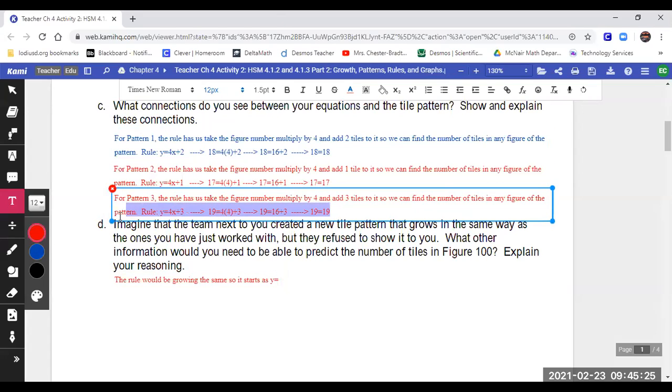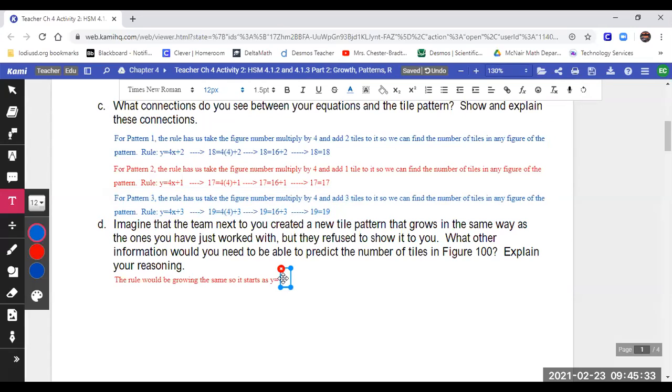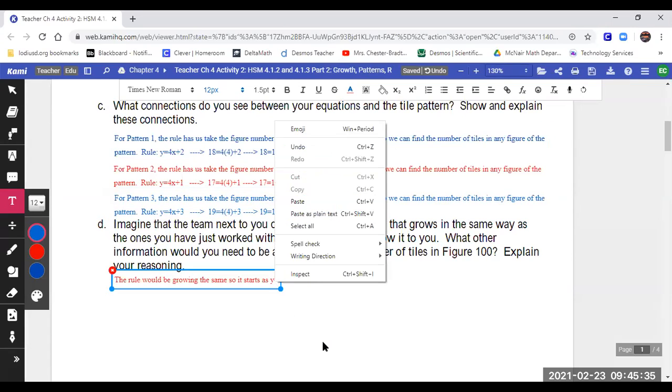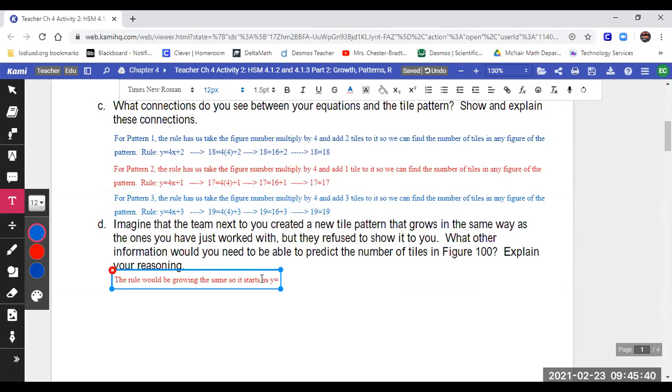Not just a 4. Our equation doesn't just go 4. Look at all of the rules. That shows they're growing the same.